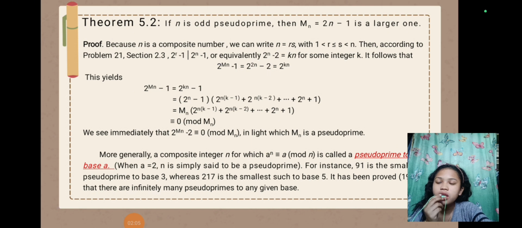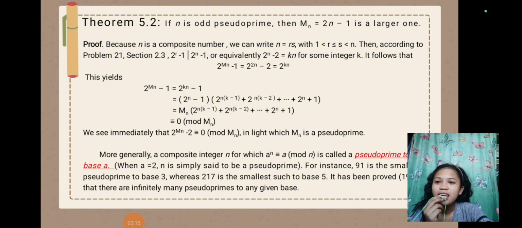So the answer is 0 modulo M_n. We see immediately that 2 raised to the power of M_n minus 2 is congruent to 0 modulo M_n, in light of which M_n is a pseudo-prime.